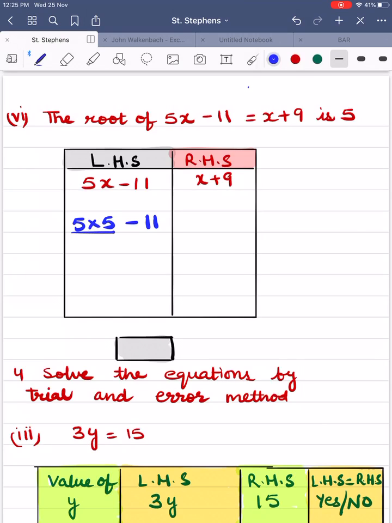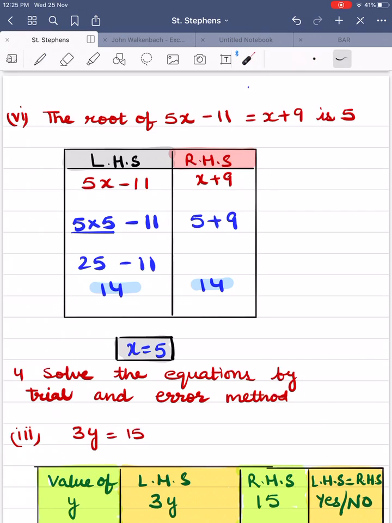Solve multiplication. We have 25 minus 11 and we get 14. Now substitute x is equal to 5 in right hand side. We have 5 plus 9. It is also equal to 14. So children, it means x is equal to 5 is the root of the equation.